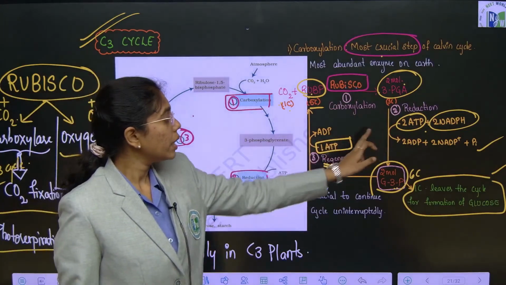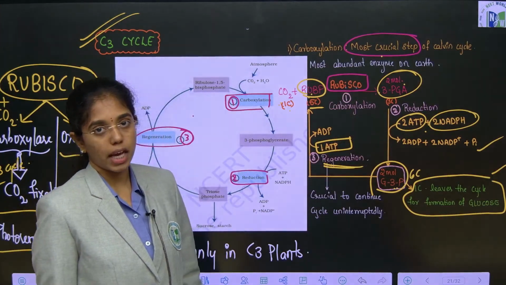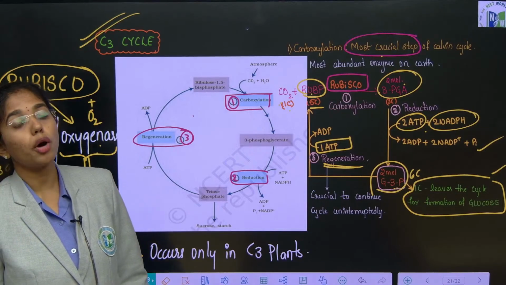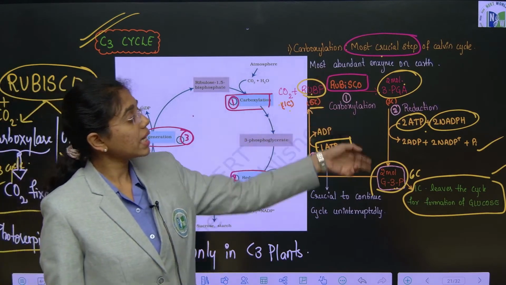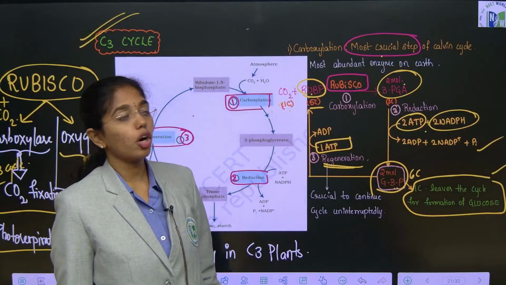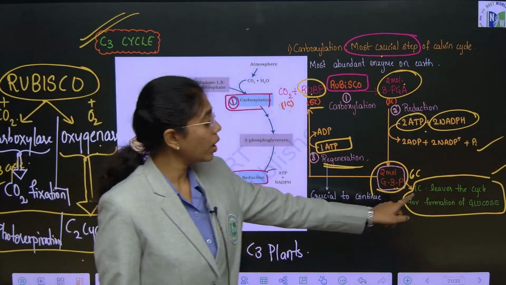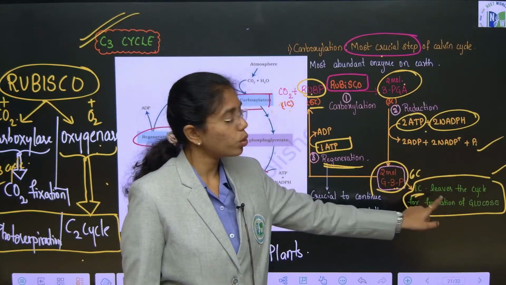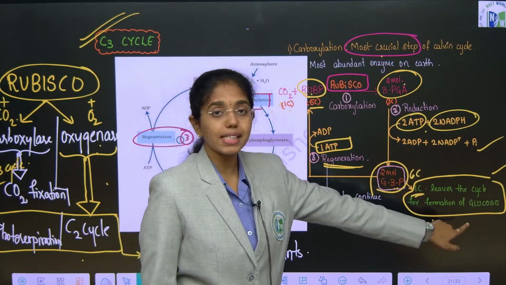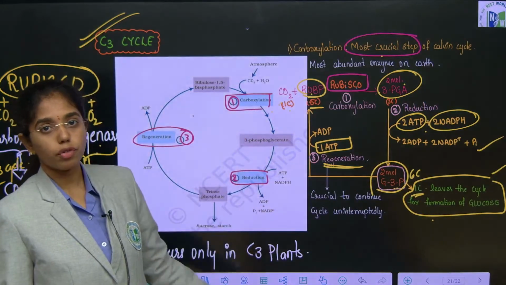On total 3 ATP and 2 NADPH. And to form 1 glucose, how many cycles have to happen? 6 cycles, and 6 carbon dioxide molecules have to be fixed, because from 1 cycle only 1 carbon is leaving the chain to form the glucose. Glucose is 6 carbon, so 6 cycles have to happen.